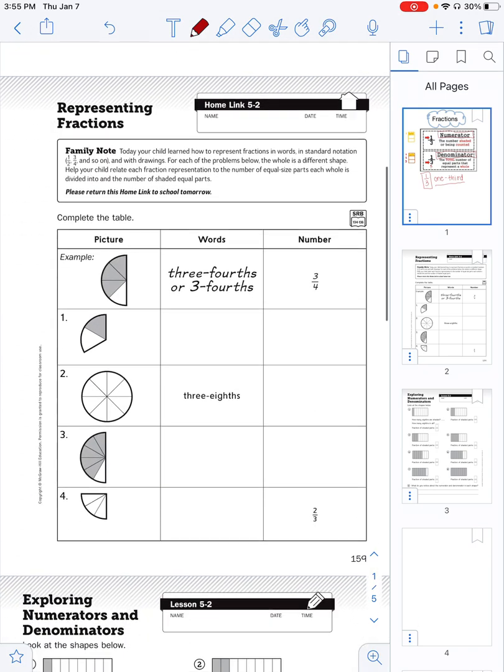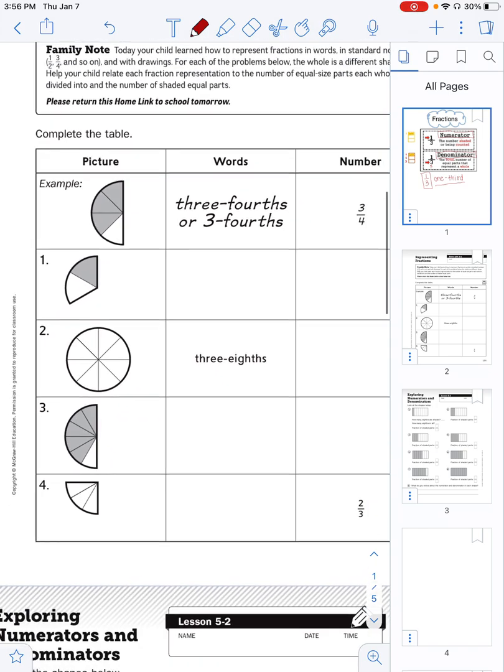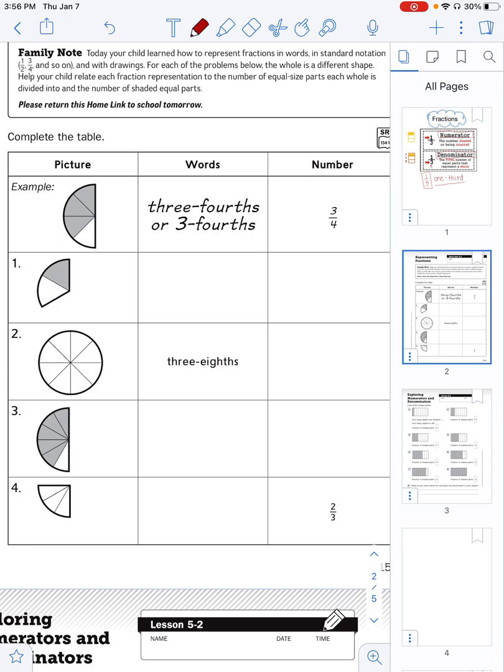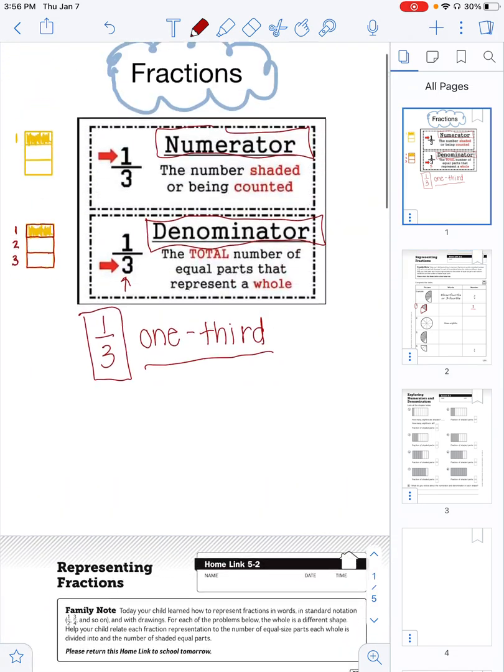Okay, let's look at some examples before you guys go off on your own to do these. So, they gave us an example right there. They're telling me on number 1 that this shape right here, that's the whole shape. Okay, so now I have to look at how many shaded parts are there? Well, there's one piece that's shaded in, right? So I know that my 1 will go on top for the numerator, number of equal pieces shaded in. And then the denominator, let's see what the denominator was again.